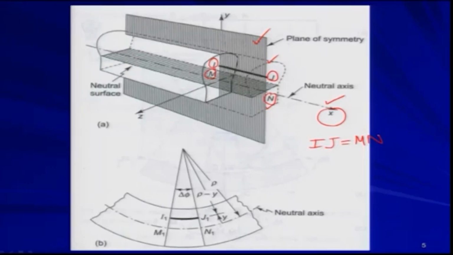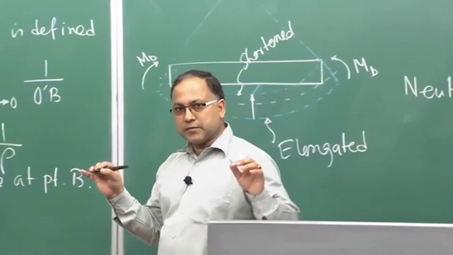Now, after deformation, if you see the deformed configuration, so this is your deformed configuration. Okay. So, now here earlier it was ij equal to mn, right. Now, we can say mn is equal to m1 n1 even after deformation, because the mn fiber lies in the neutral axis.